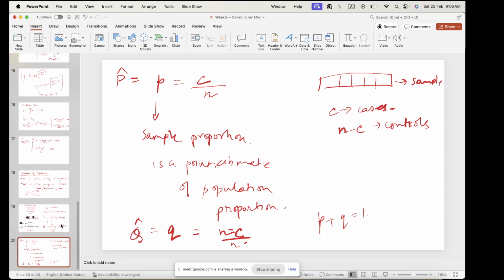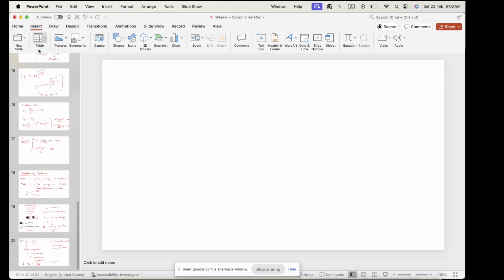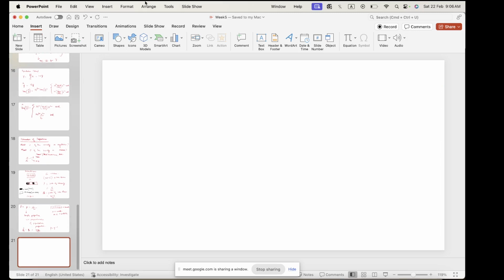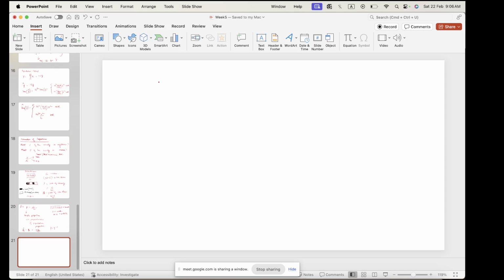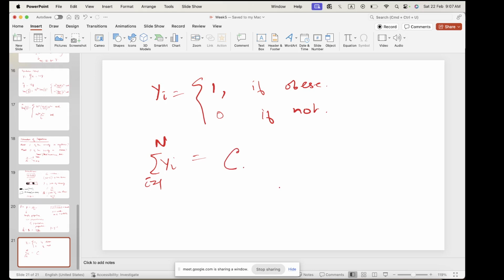Okay, so here we say that, if you remember, this is a yes or no question. So similarly, if I define a function where yi equal to 1 if obese and 0 if not, then summation yi, i equal to 1 to n, is actually going to give me capital C, right?